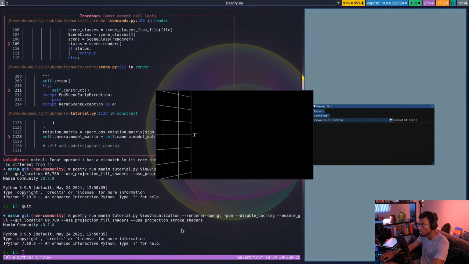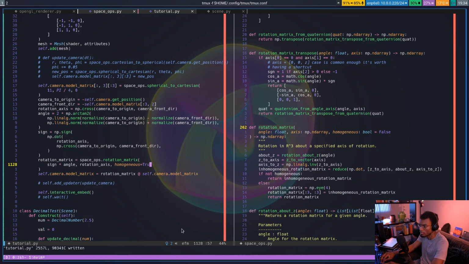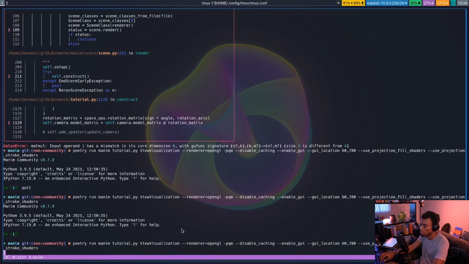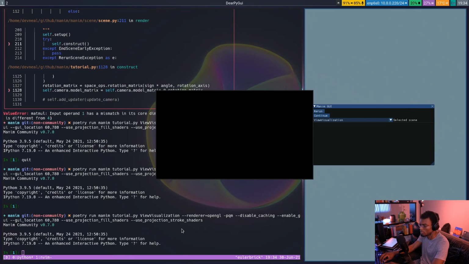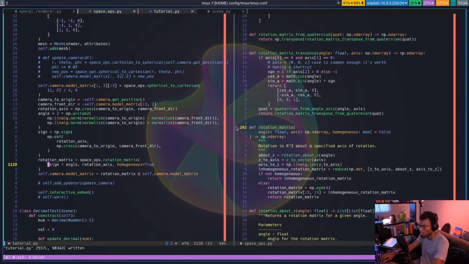Okay, well, it looks like it's looking in the right direction. Well, it's rotating in the right way, but it's facing the wrong direction. So I think this sign needs to be reversed. Nope, that didn't help. Weird.